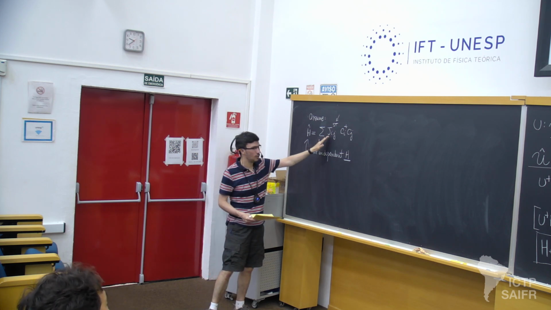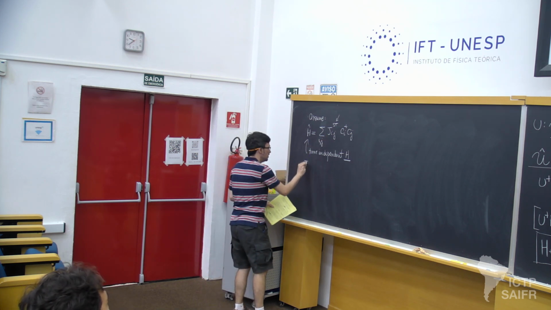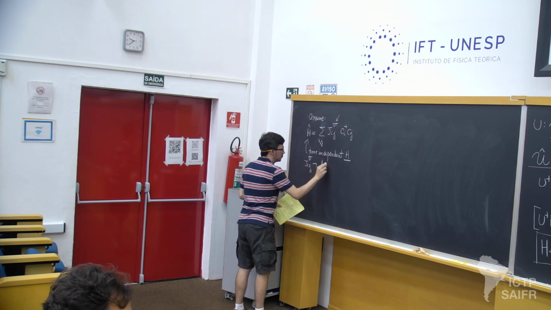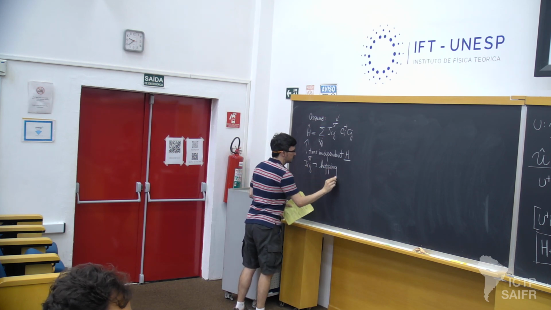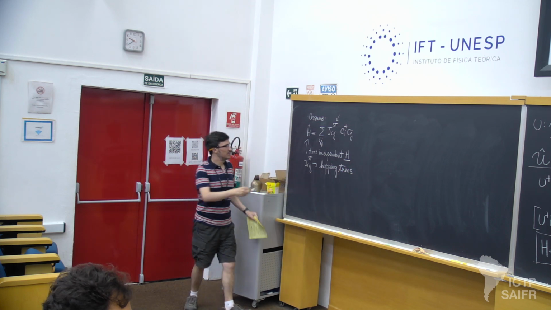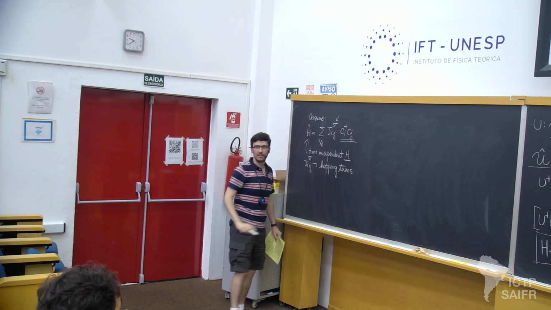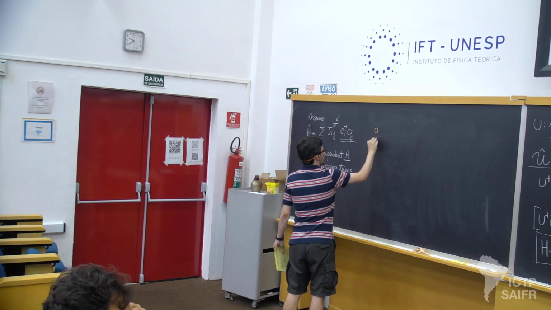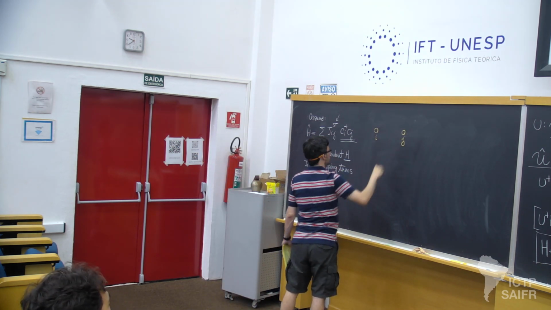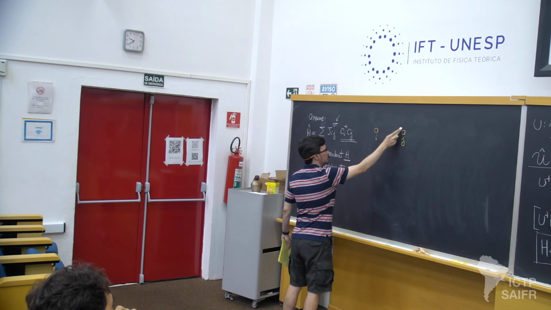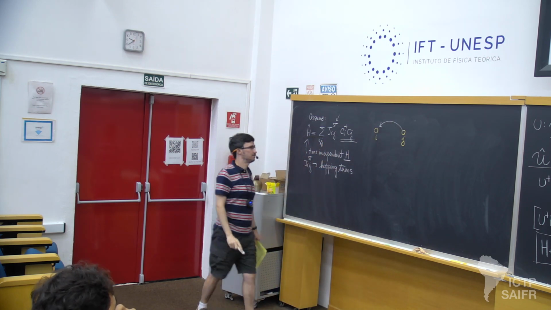For today, this is a hopping term. So J_ij stationary are hopping terms. If you're not familiar with this notation, this is a second quantized notation. All you need to know is that if I have a site i here and a site j here, this operator is going to remove a particle from j and bring this particle to i.